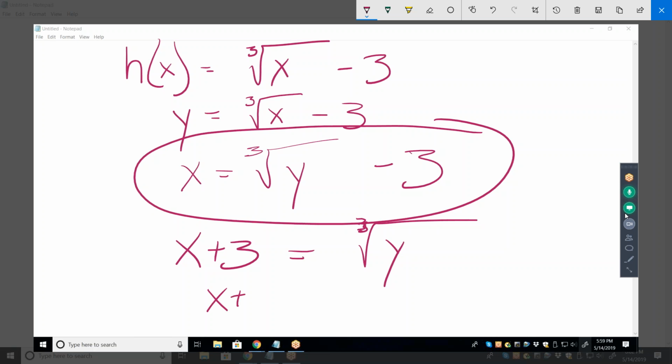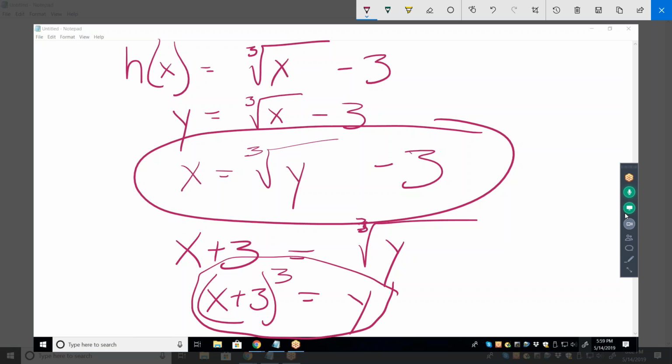Okay, so I got x plus 3 cubed equals y. That is the inverse. Now, this y is not the same y as that. So what I really want to write over here is not y, but h inverse of x.